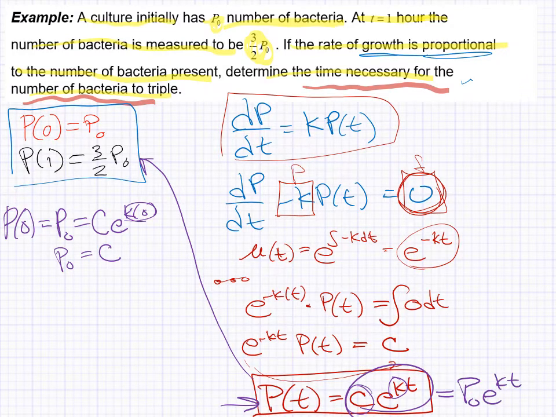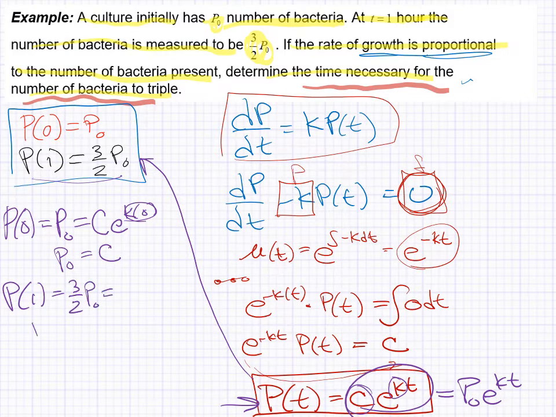All right, now we want to figure out what our proportionality constant is, and then we'll have the entire function. So we'll use the next condition, that P of 1 equals 3/2 P sub 0.